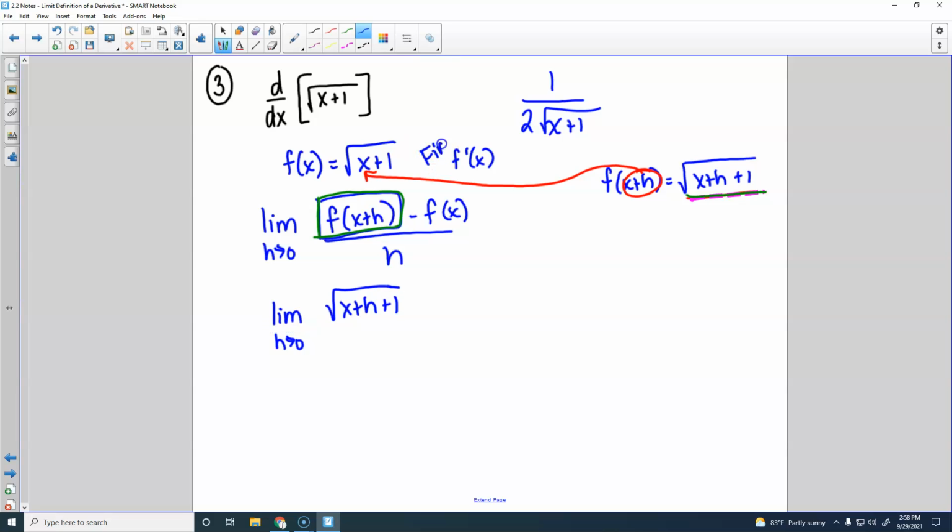I was just showing you that that's what the question's asking. So minus f of x, which is just the equation, square root of x plus 1, all over h. Okay?